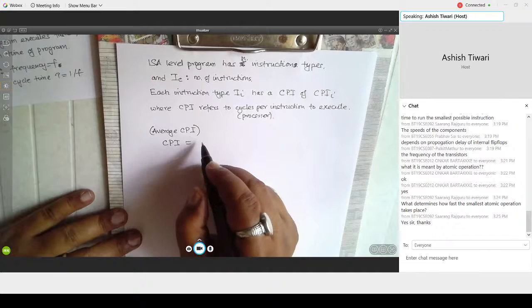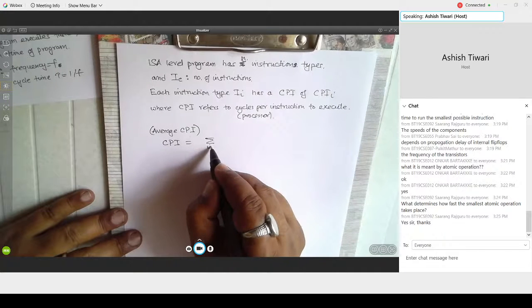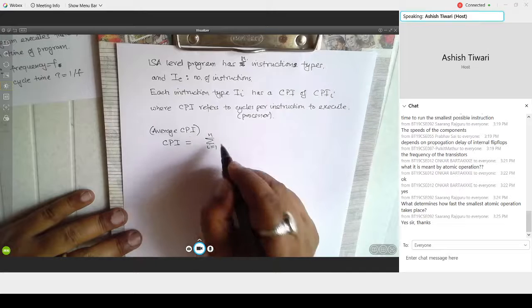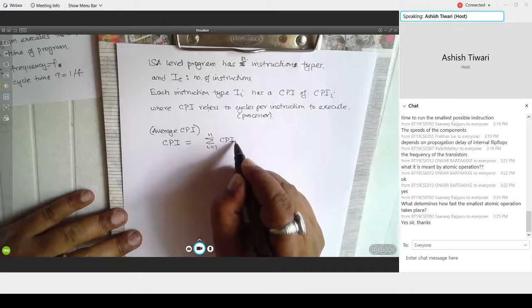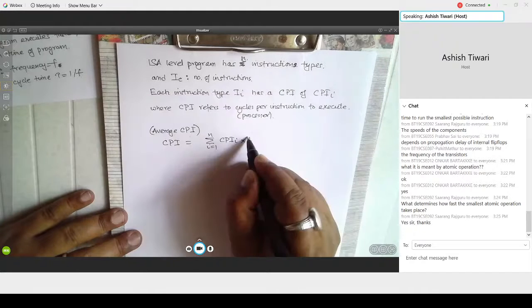So I can write this as summation i equals 1 to n CPI_i into I_i, right?